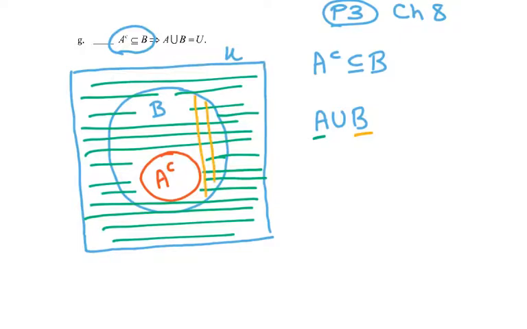That's everything in the set B, which includes A complement because of the given condition here. So does that shade everything? Is everything shaded? Yes.